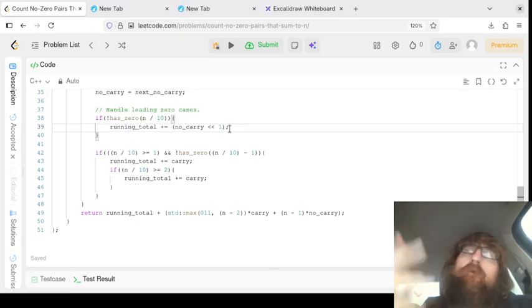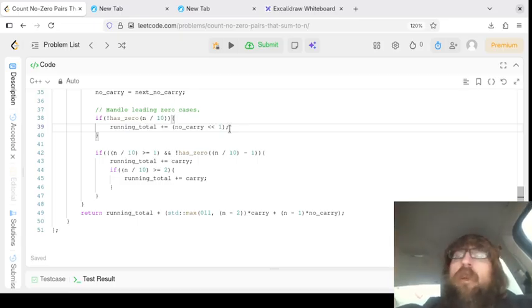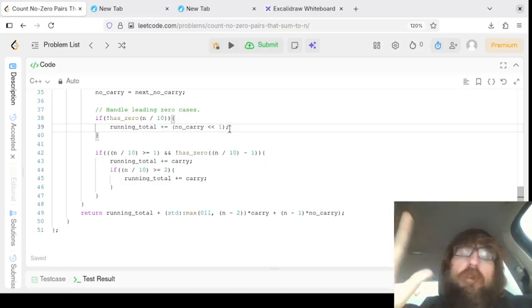Some examples where this is meaningful would be cases like 15, for example, like 12 and 3, 11 and 4, 13 and 2.